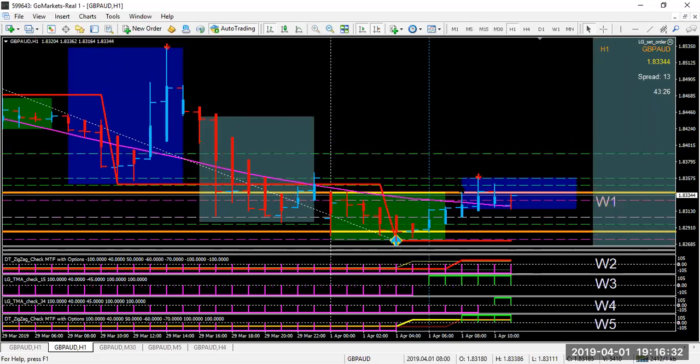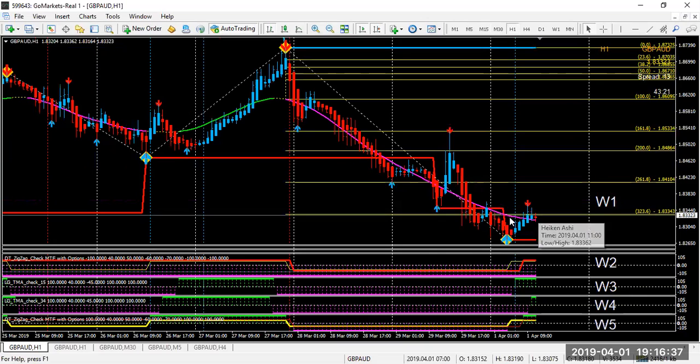As we can see, and that's above the 323 level.